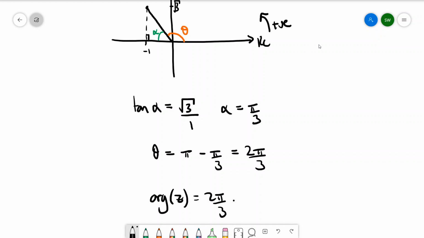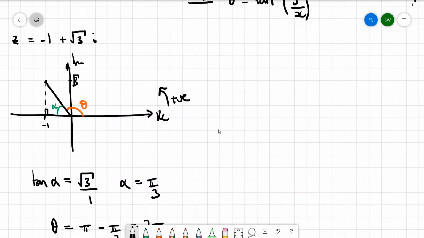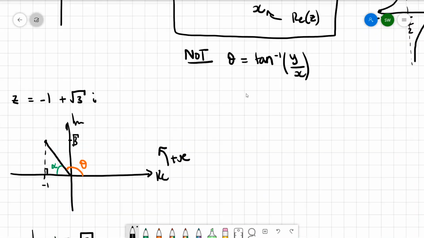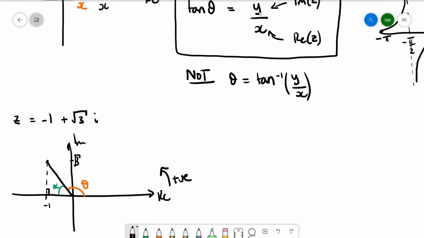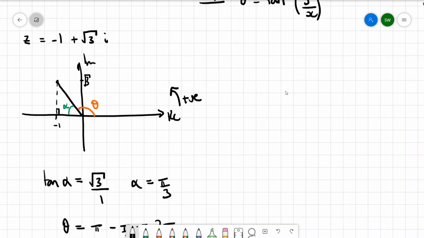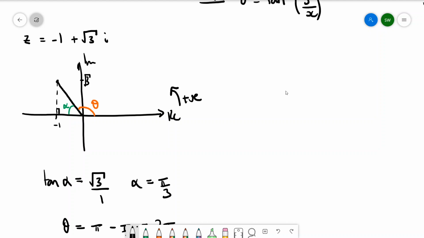Fine. If you were to use this formula, tan of the argument equals the imaginary part divided by the real part, then we would have tan theta equals y over x, where y is the imaginary part, so root 3, divided by the real part, which is minus 1.